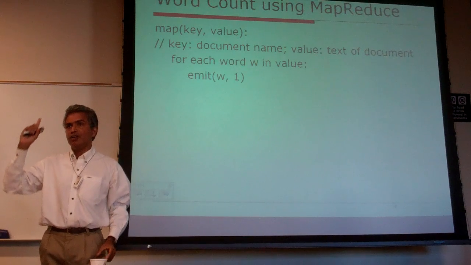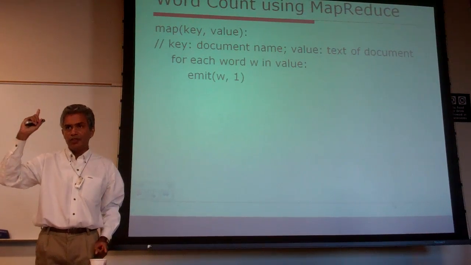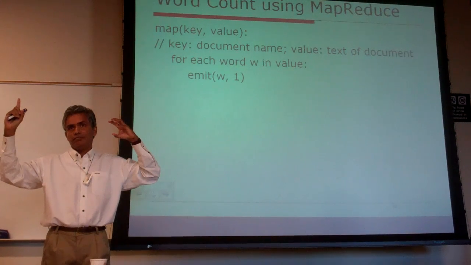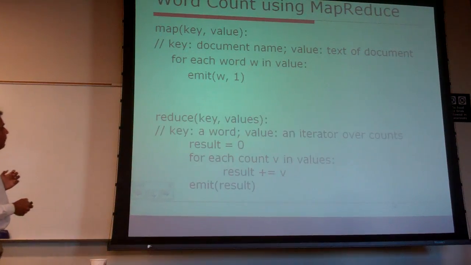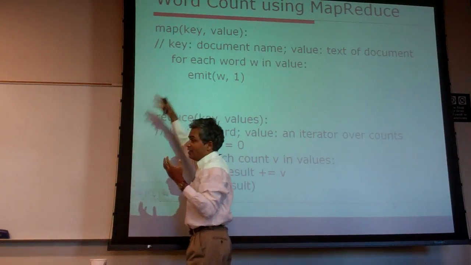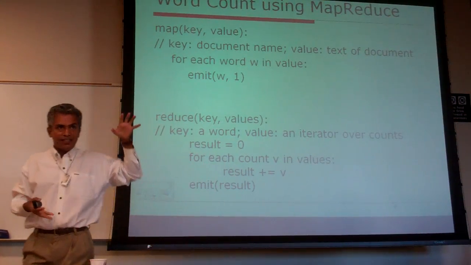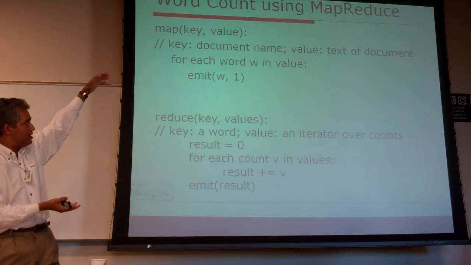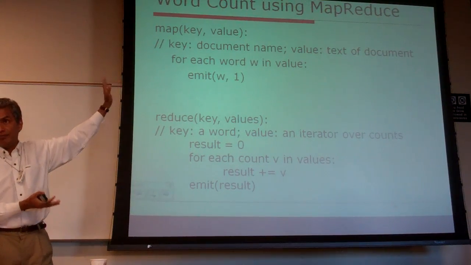So this word occurred once. W is the key, value is 1. Now, with a large number of documents, pieces of these will be given to these mapper routines.